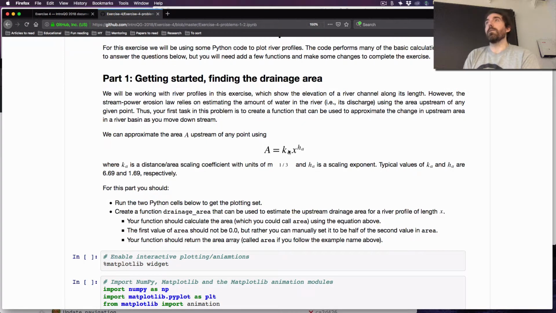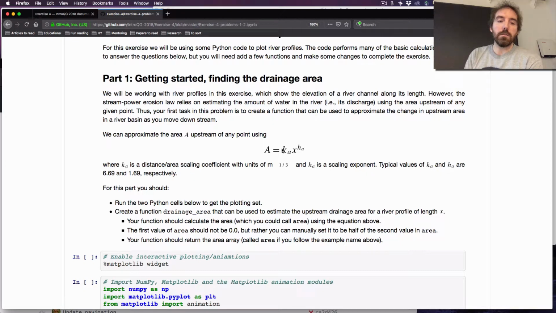So a little bit different than this like x to the 5/3 power, but it's pretty similar. There's just a constant out in front, and then it's raised to some power that's not quite 5/3, but a little bit different number there. But it just allows us to estimate, as you go downstream, how big does the drainage area get for any given point.